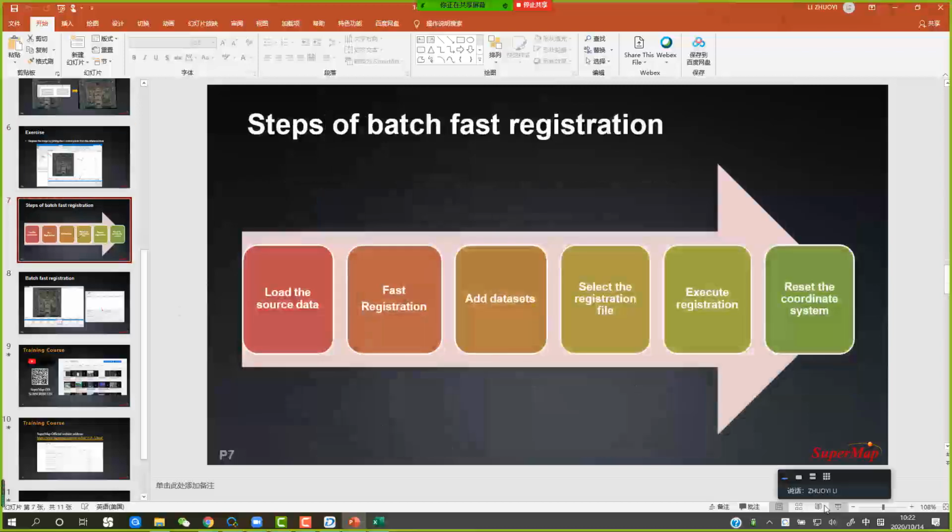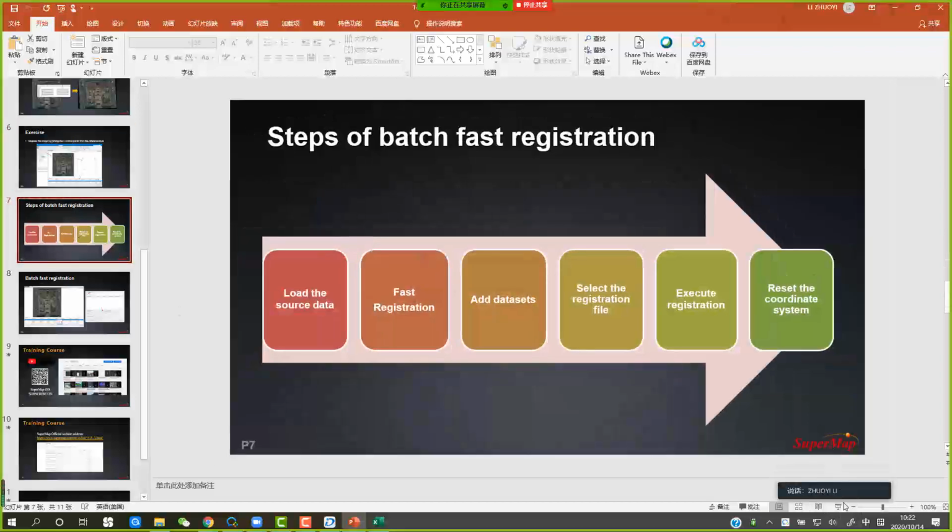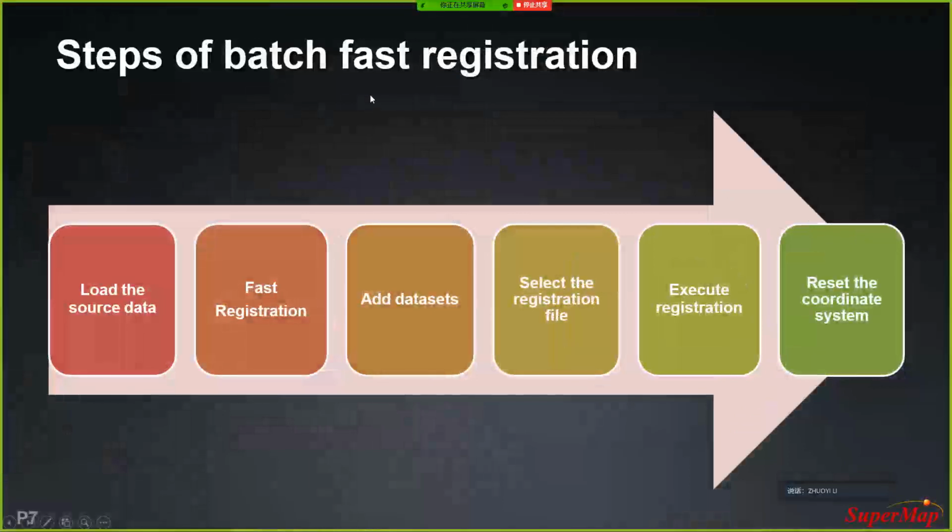Here are the steps of the batch fast registration. Okay, first load the source data, and second, we do the fast registration: we just add the data, select the registration file, execute the registration and reset the coordinate system.